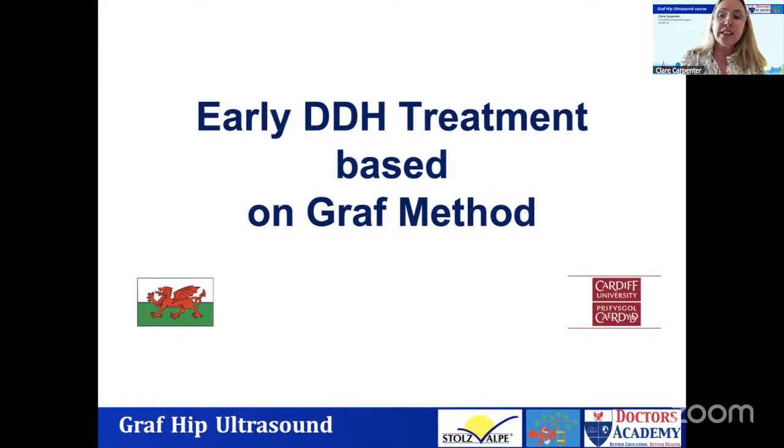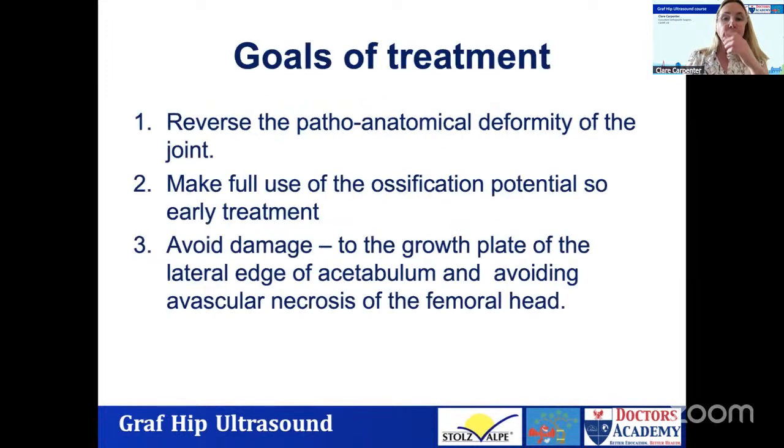But the early DDH treatment is vastly different throughout the world, no matter what literature you look at. And all of a sudden, if you understand how to do a good ultrasound scan, you can standardize your treatment methodology and make it bespoke to the child.